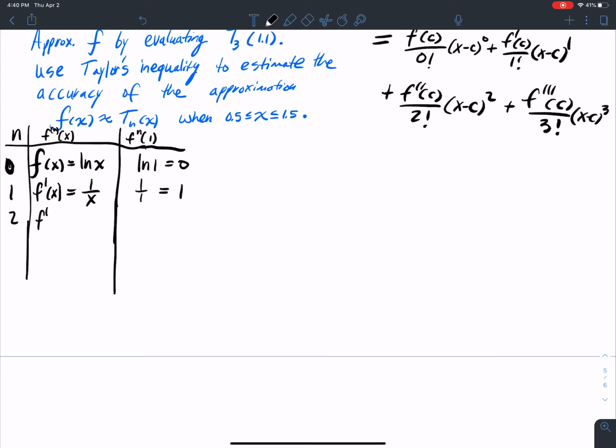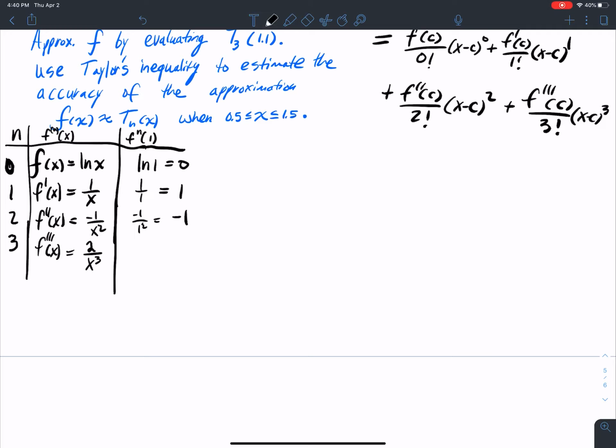n equal to 2 would be the second derivative. The second derivative will be negative 1 over x squared. Evaluated at 1 that gives me negative 1 over 1 squared, which is negative 1. For n equal to 3, that'd be the third derivative. This is positive 2 over x cubed.